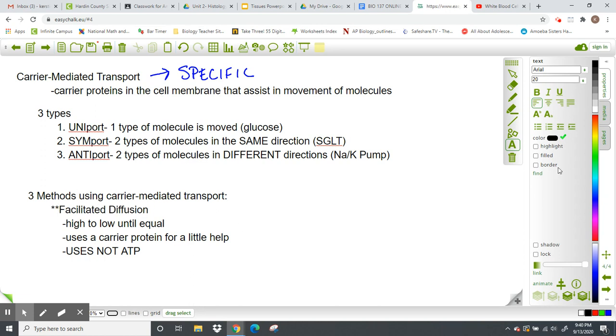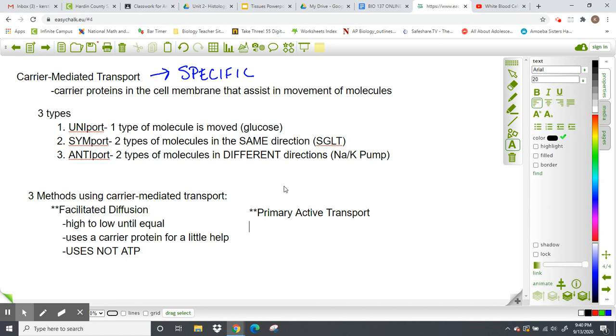With active transport, like I said, we are using ATP. There are two types of active transport. There's primary active, and there's secondary active, and we'll talk about that in just a second.